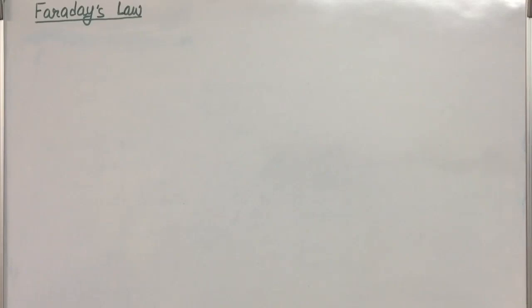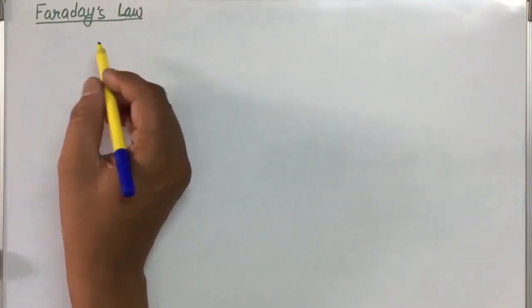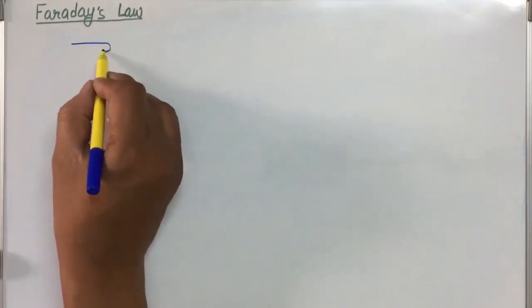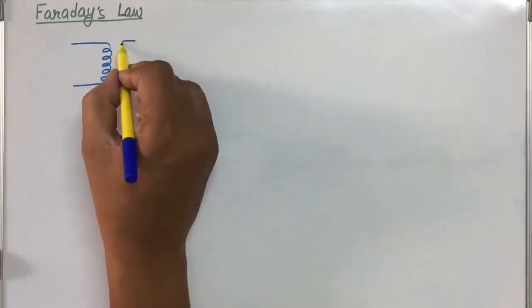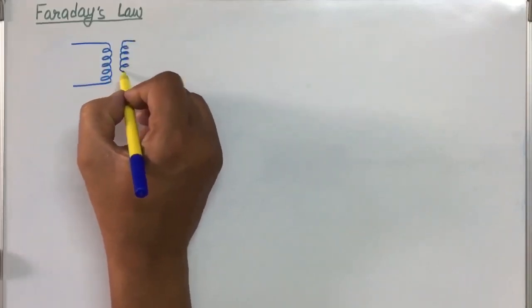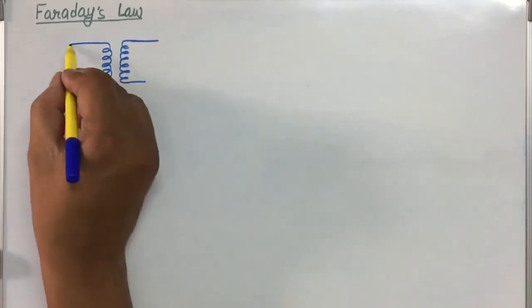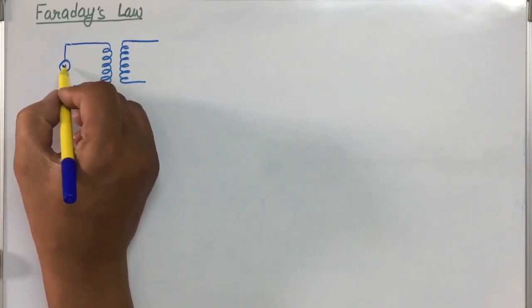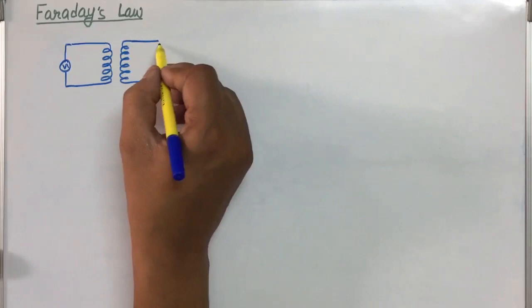So let us start with transformer EMF. Now let us see how Faraday's law is applied in the case of the transformer. These are two windings of the transformer. Here a source is given.